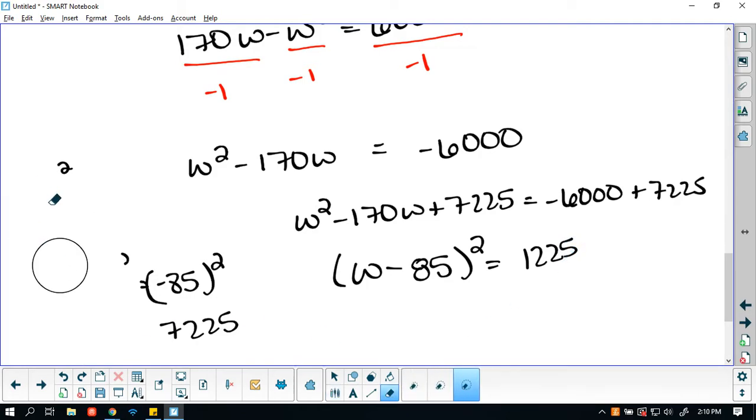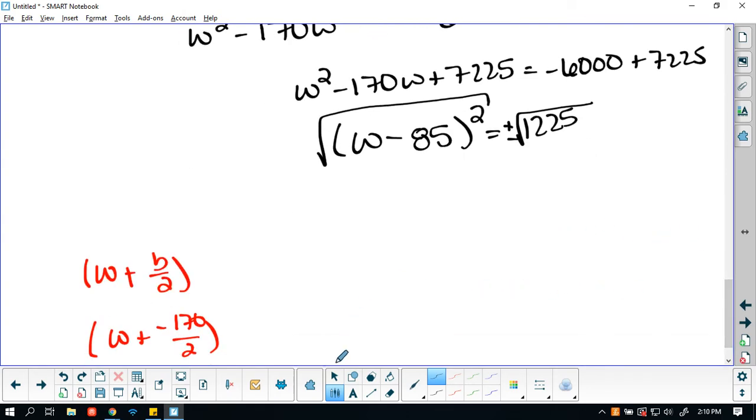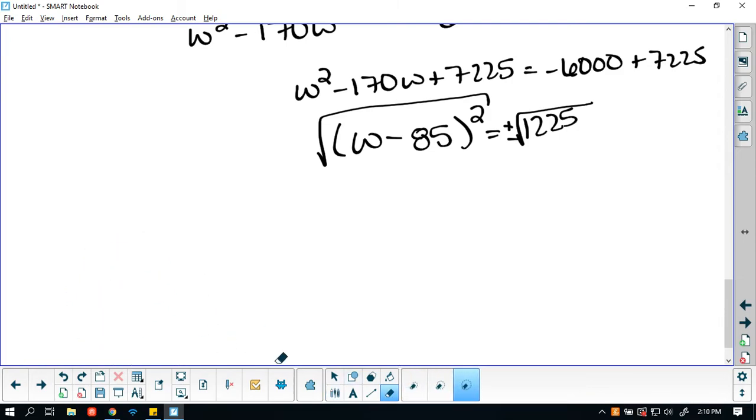Let me clear this side over here so we don't have these extra numbers hanging around. To get rid of a square, I'm going to take the square root, with a plus or minus here. And now we're left with W minus 85 equals the square root of 1225, which is plus or minus 35.